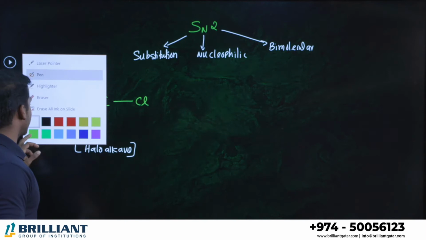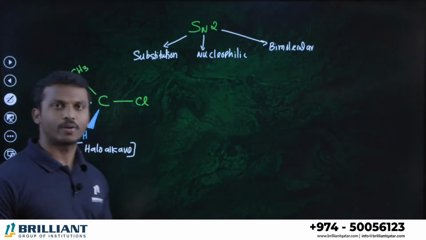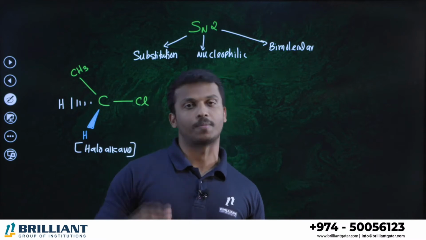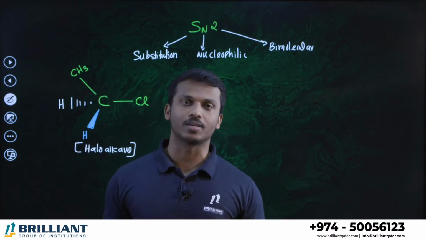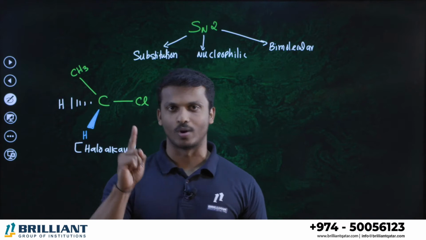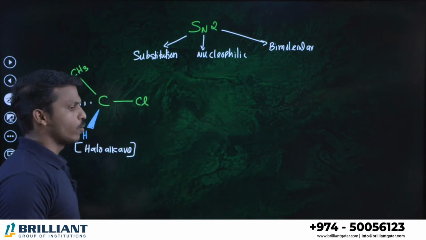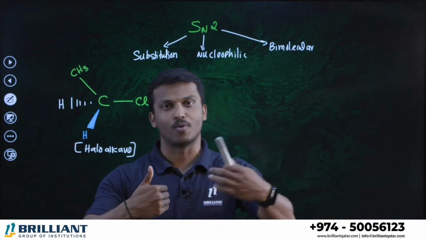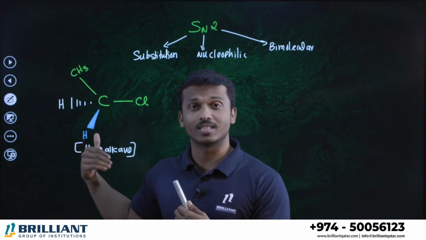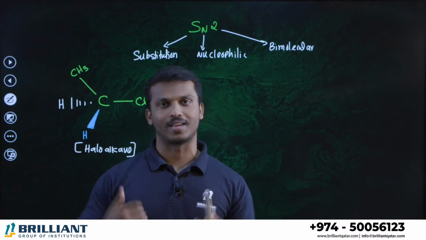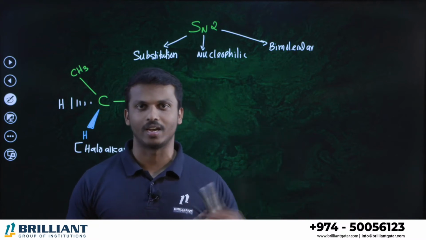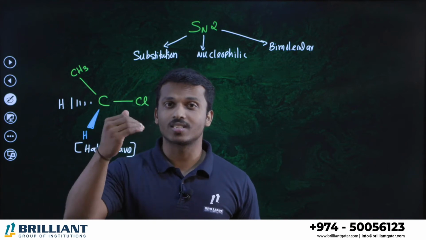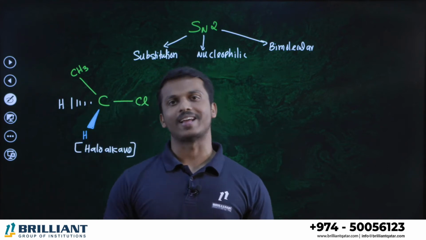Let's compare SN1 and SN2. In the SN1 mechanism, it happens in 2 steps, but the SN2 mechanism happens in 1 step. Just 1 step. In SN1, first step, the halogen is leaving, forming a carbocation. In the second step, the nucleophile attacks the carbocation, giving the product: retention, inversion, racemic mixture. But here, in the first step itself, the nucleophile is attacking.